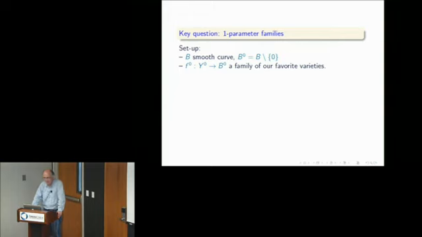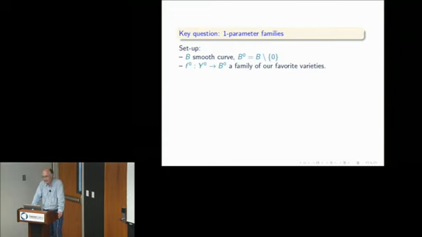Now it turns out that when you want to compactify, the key question is to understand what happens with one parameter families. The basic setup is that I have a smooth curve. You can even think about it as the unit disk B. We specify a point in it, I denote it by 0, and the complement of this will be B upper 0.